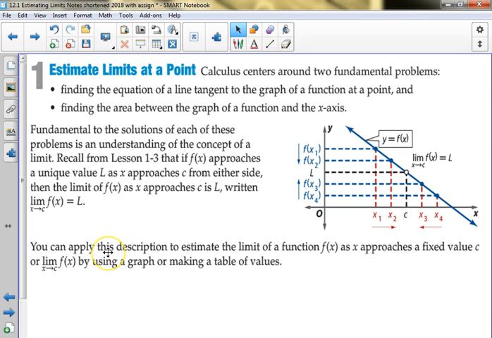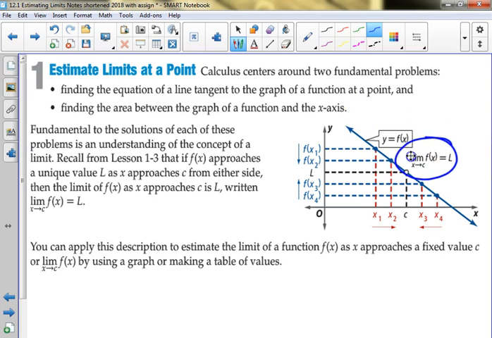You can estimate the limit of a function as x approaches a fixed value by graphing or making a table of values. So we're going to talk about this notation as the limit of the function as x approaches c. C is going to be an x value, and the limit is going to be the y value that the graph is approaching.